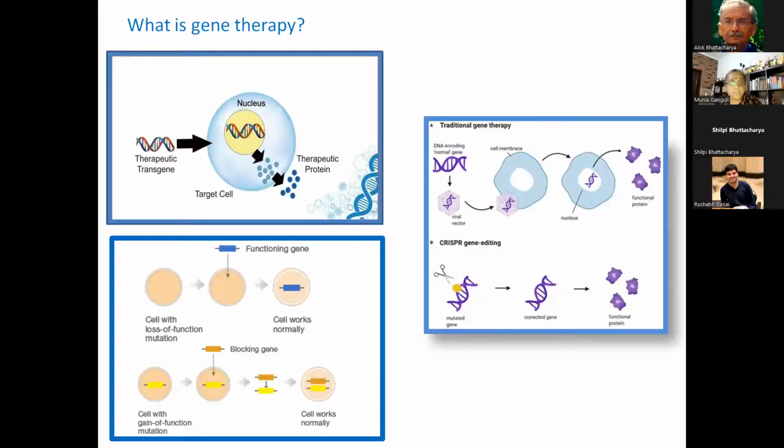That also constitutes gene therapy. And in the near past, there has been a lot of work on what is called gene editing. That's also a form of gene therapy where you are cutting out portions of the wrongly functioning gene and correcting it. So all of this constitutes gene therapy.